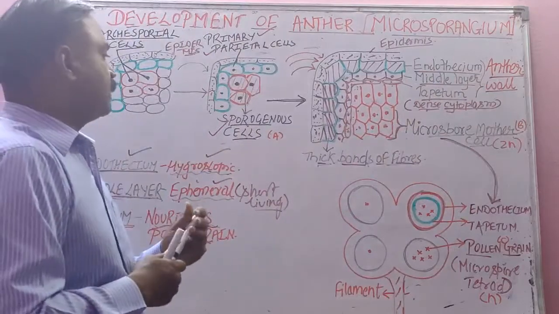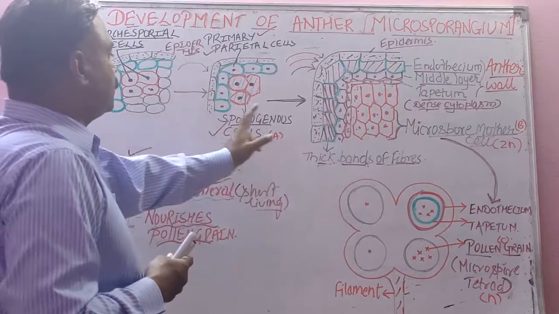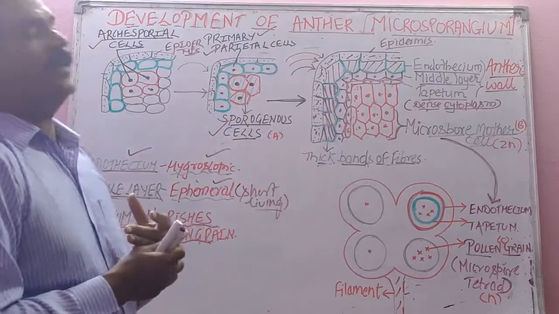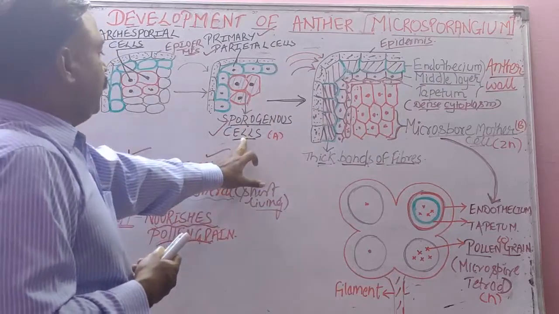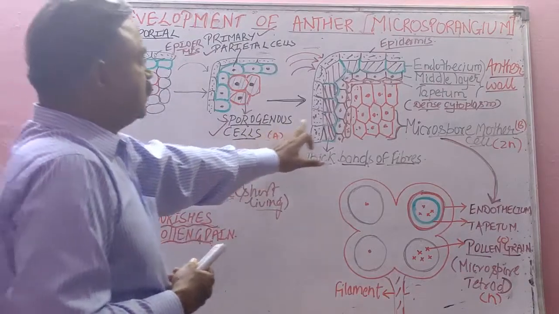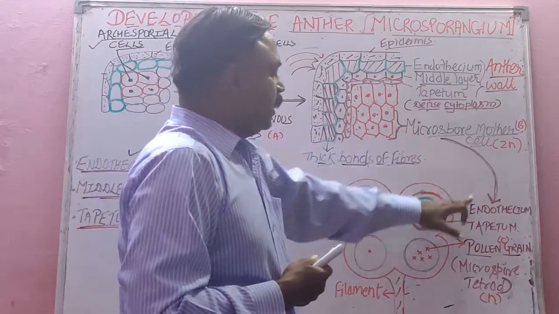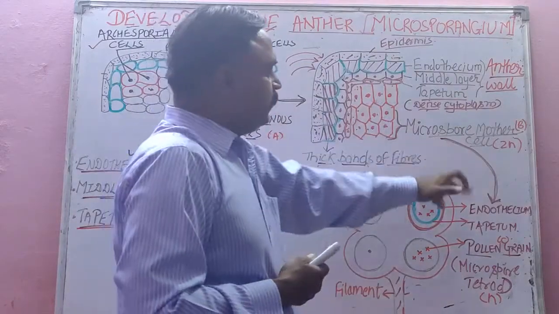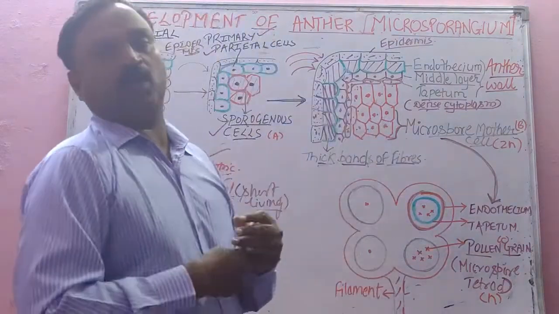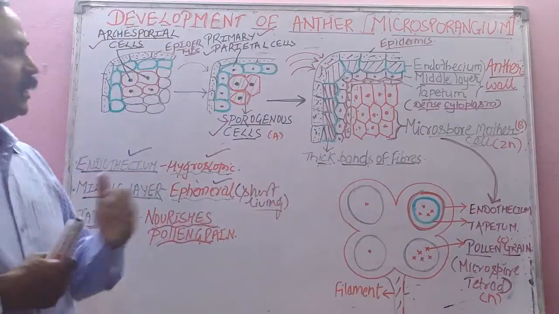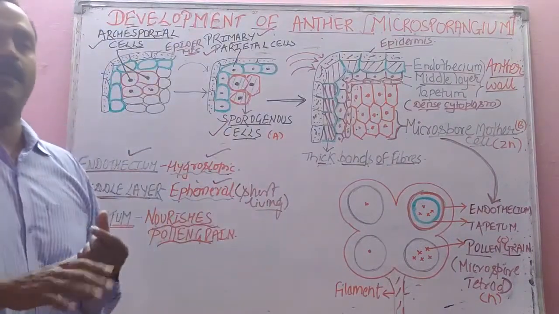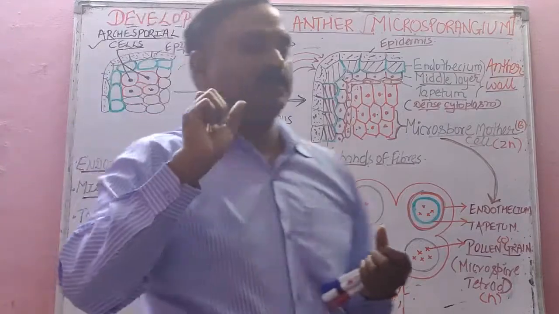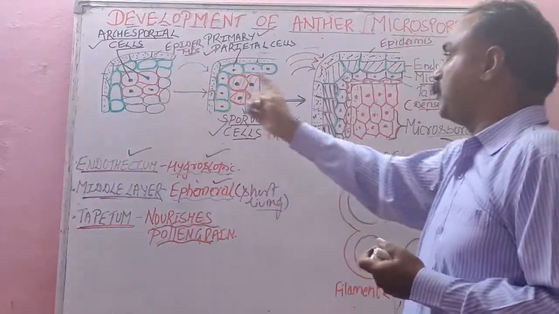Now, a very important thing I want to intimate you in this process, that from sporogenous cells till microspore mother cell and pollen grain or microspore tetrad, this will become the next question, and that is called microsporogenesis. After this we are going to study microsporogenesis, isn't it?